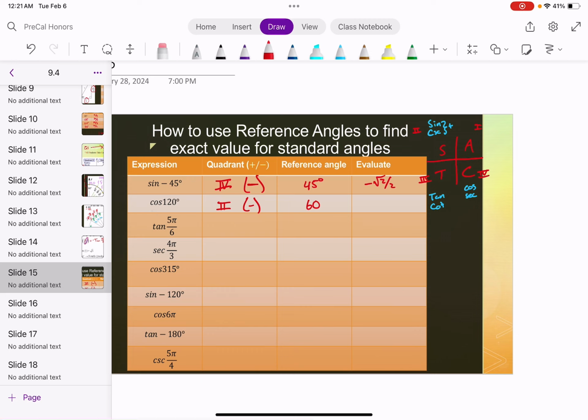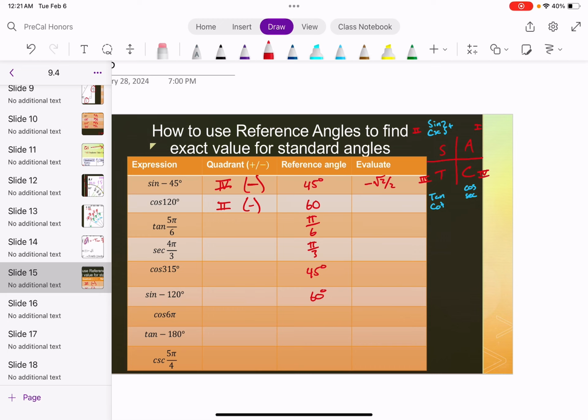So there is a reference of pi over 6. 4 pi over 3 would be pi over 3. Cosine of 315, notice the closest would be 360, which would be a distance of 45 degrees. Sine of 120 would actually give us a distance of 60 degrees.